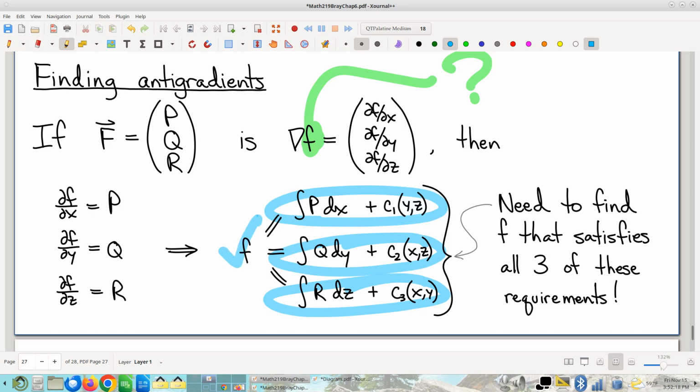That's all you have to do. And I'll show you an example momentarily. But all you have to do to find an anti-gradient is find a way to make these 3 things equal to each other. If these 3 things are equal to each other, that thing that they're equal to is your anti-gradient. All right, so let's see an example of this in action.